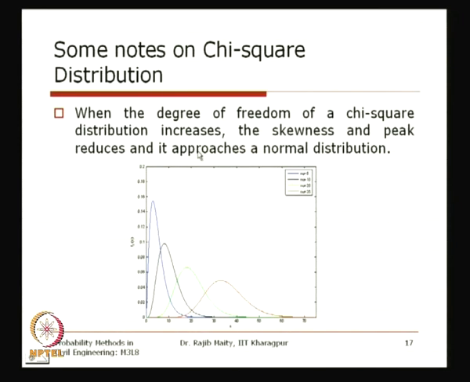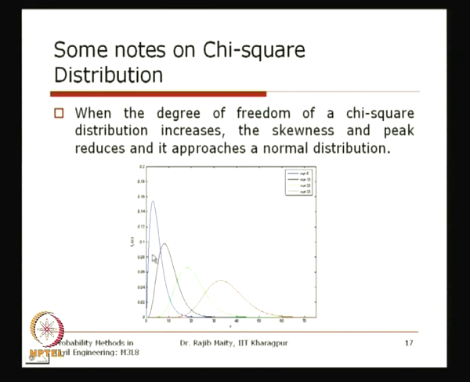This is again explained here graphically: when the degrees of freedom of a chi-square distribution increase, the skewness and the peak reduce and it approaches a normal distribution, in the sense that it is approaching a symmetrical distribution and going away from its origin.